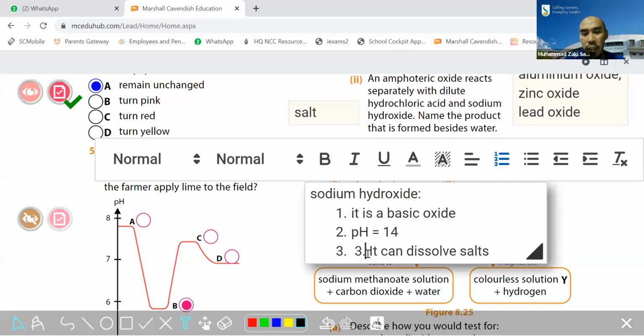So it dissolves in acid only. Take note, because it's a basic oxide, it can dissolve in acid only. If it is an acidic oxide, it can dissolve in alkali only. But if amphoteric, it can dissolve in both acid and alkali. Any questions?